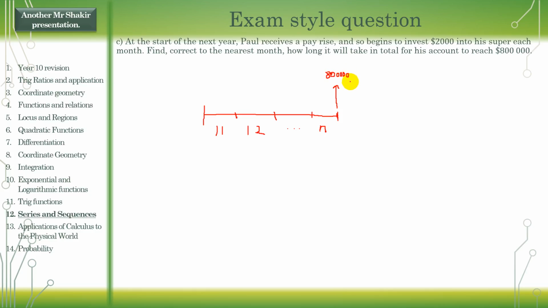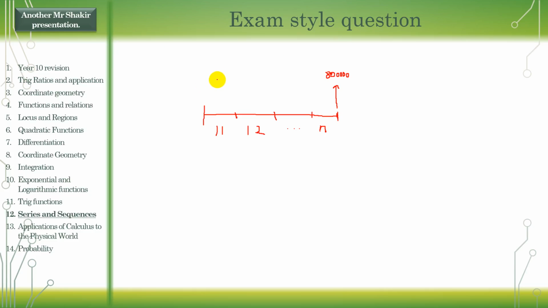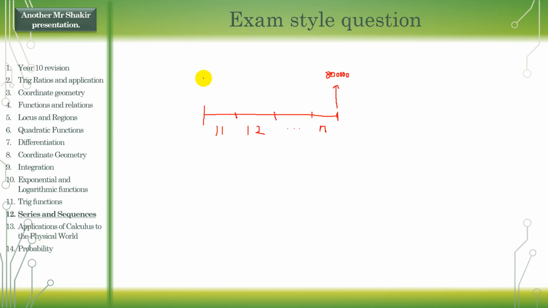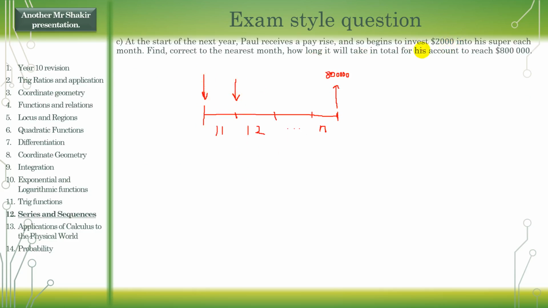So at the beginning of the 11th year, we had how much? Well, we had 309,828. So 309,828 will go over here. And starting from here, I'm going to put in $2,000.